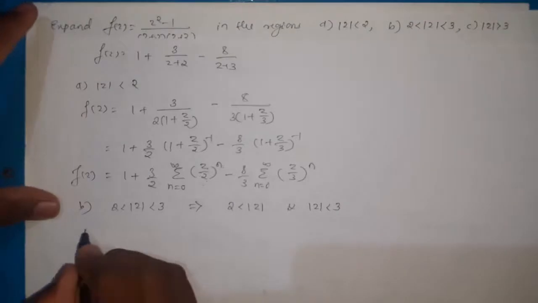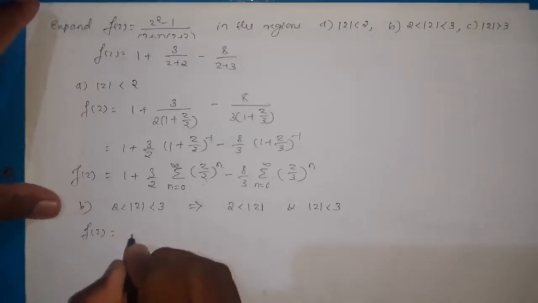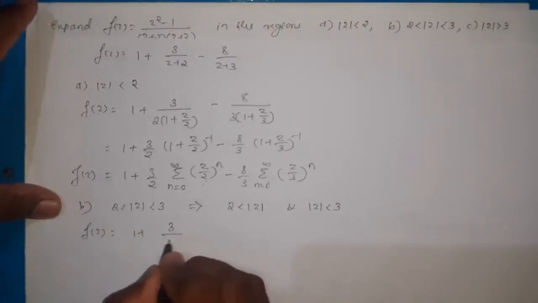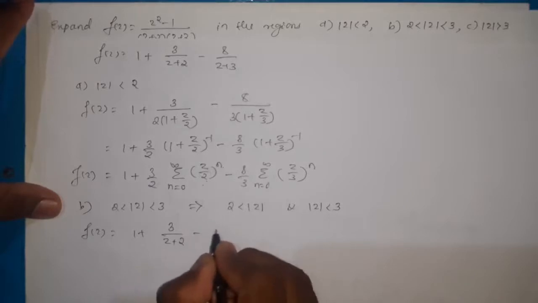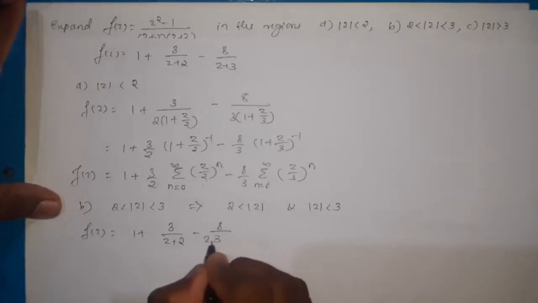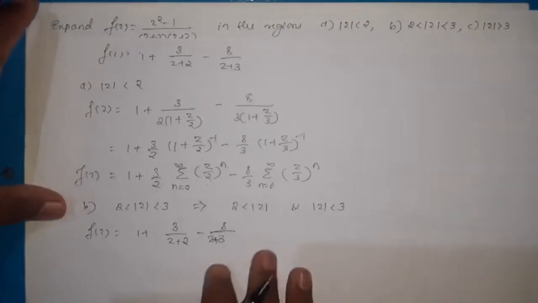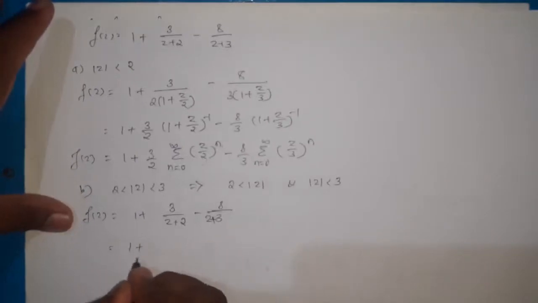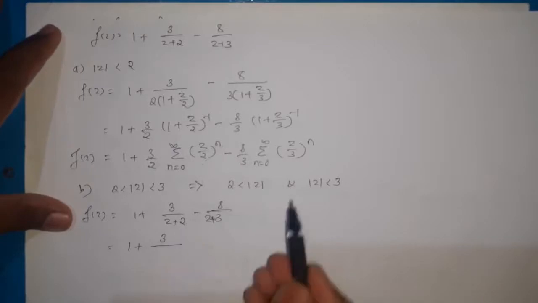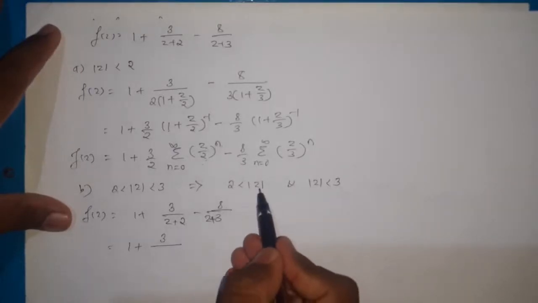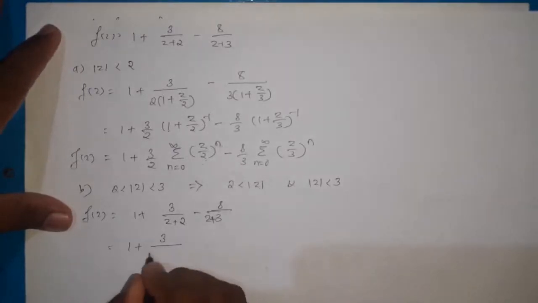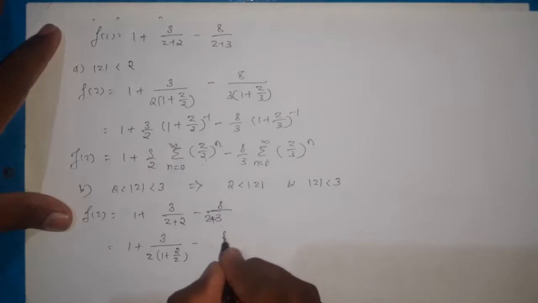So therefore f of z is 1 plus 3 divided by z plus 2 minus 8 divided by z plus 3. So 1 is constant as it is, then 3 divided by z plus 2, and 2 is less than z. It means that we need to take that z outside, then it is 1 plus 2 by z, minus 8.